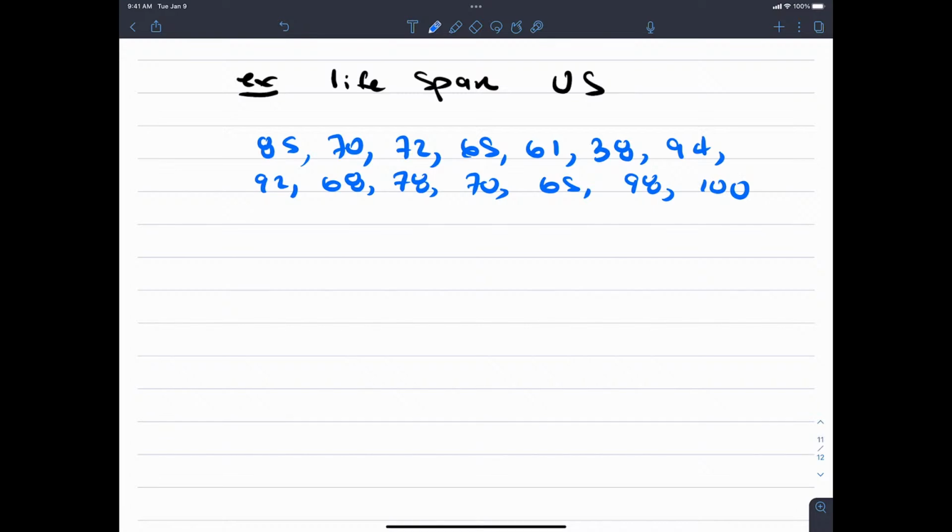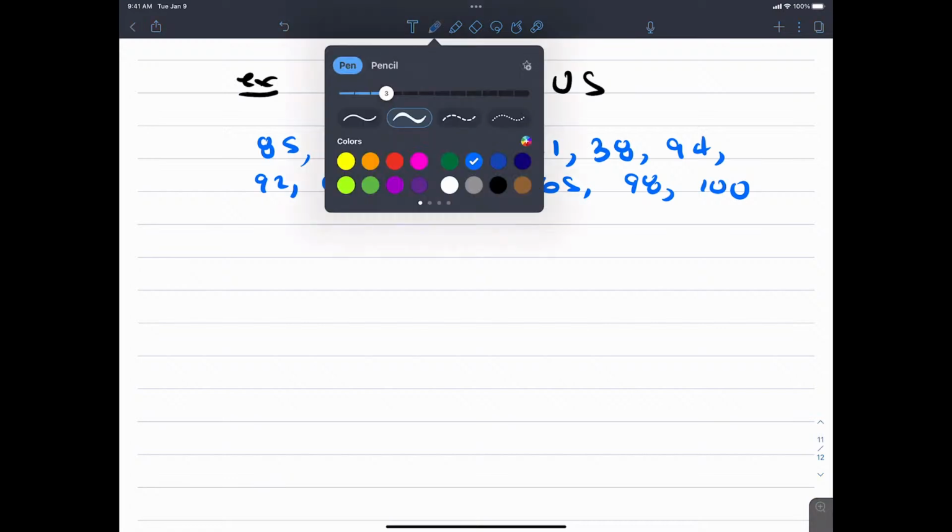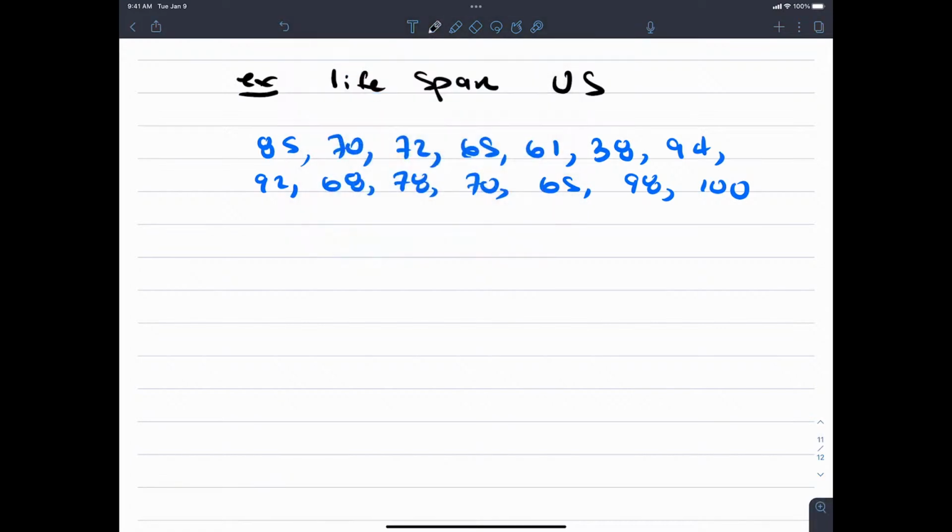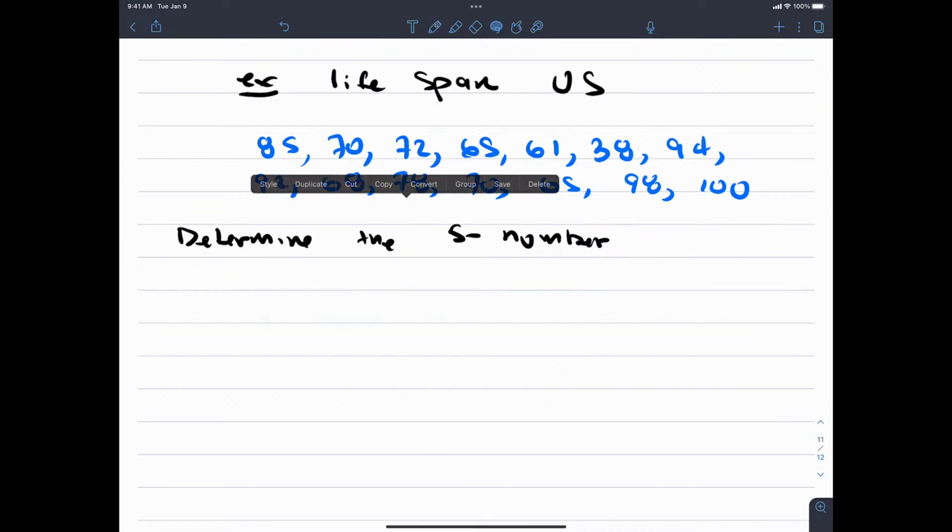Okay. Now, here's what I'm going to ask you guys to do. I'm going to say determine the 5 number summary. If you're going to do that, what do you think you have to do? You're going to have to know the definition.